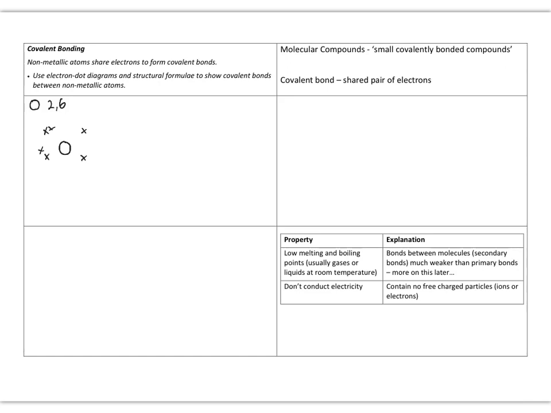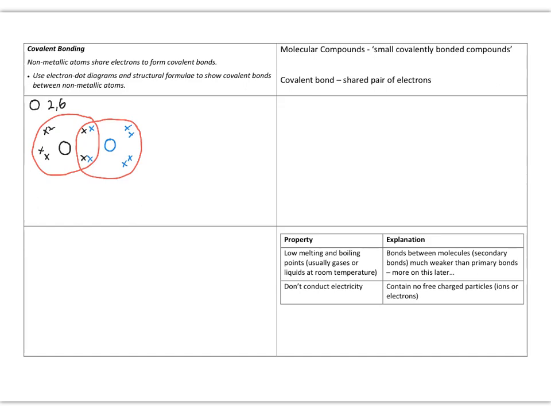And then we get our other oxygen atom that comes along. These are both oxygens, but just so it stands out, we go 1, 2, 3, 4, 5, 6. So that one has its 6 electrons. Now when we look at it, this atom on this side thinks it has 8 electrons, so it's happy. This atom on this side thinks it has 8 electrons, so it's happy.